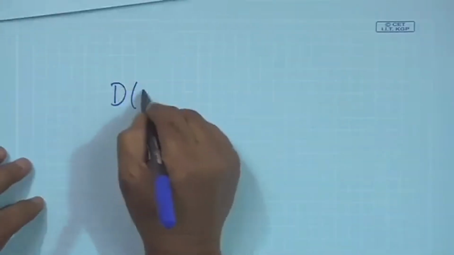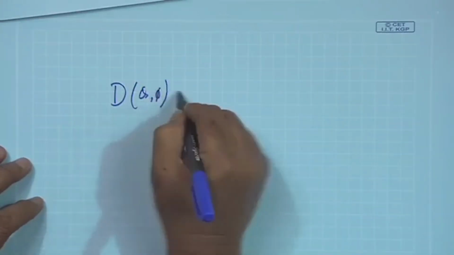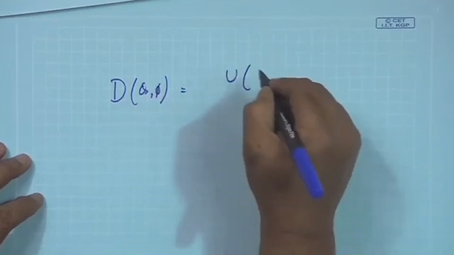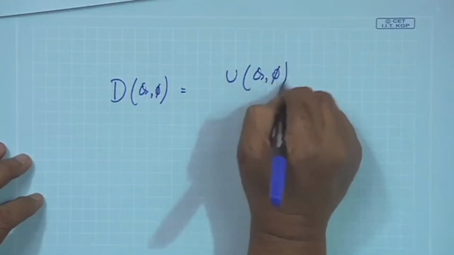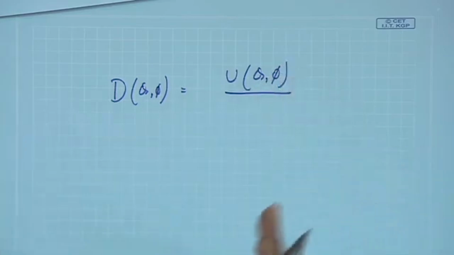What is directivity? Directivity function is basically this u theta phi, that means radiation intensity in theta phi direction divided by radiation intensity of an average antenna or omnidirectional antenna which radiates equally in all direction.